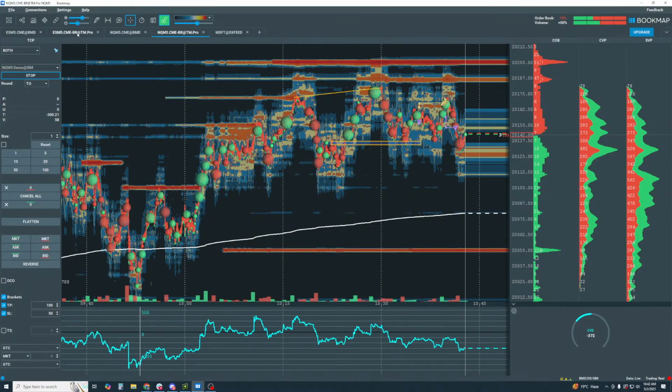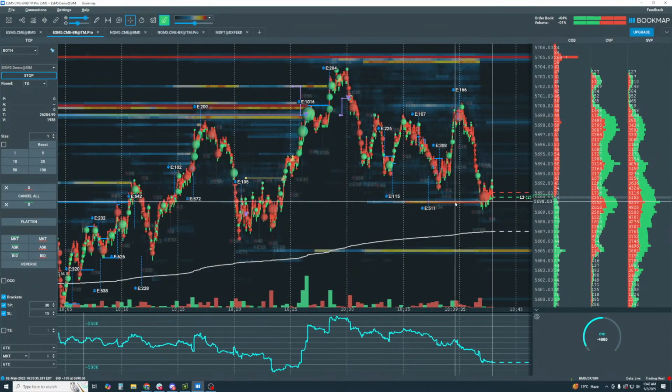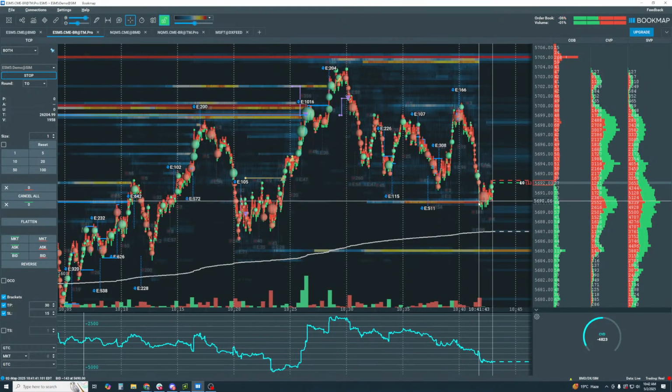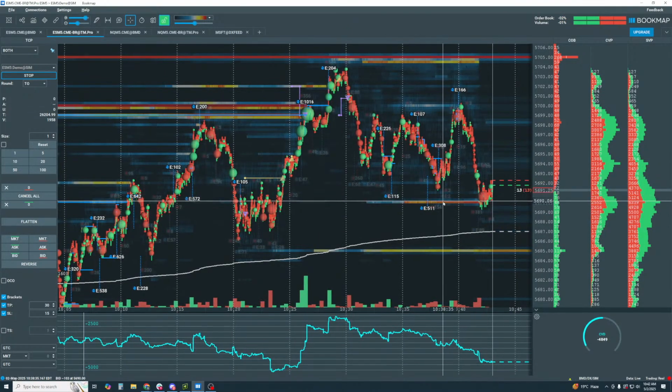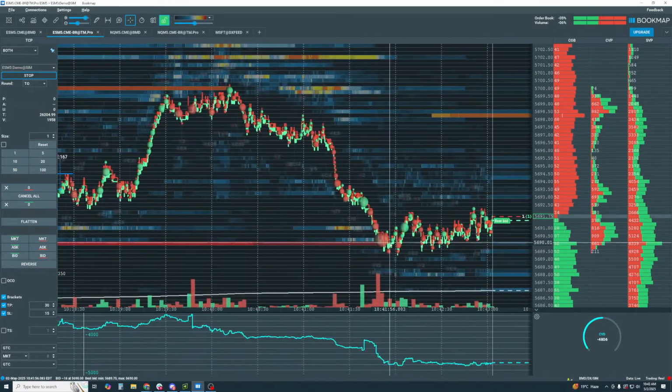All right, let's jump back to that S&P and see what's going on. Okay, down to high liquidity here at 90. It transacted, it looks like.